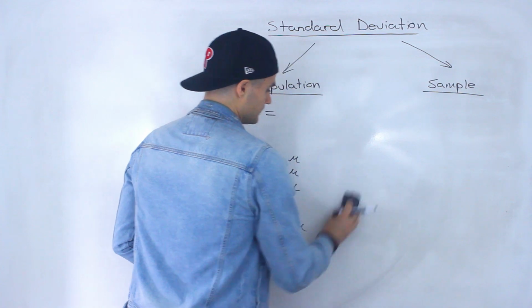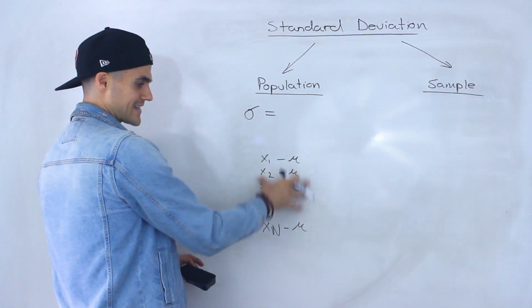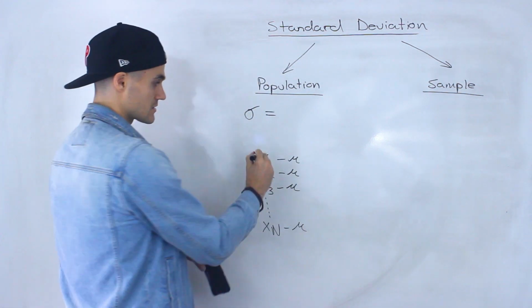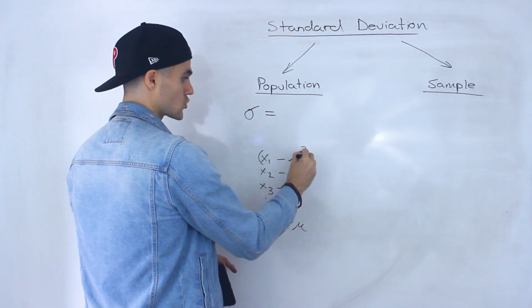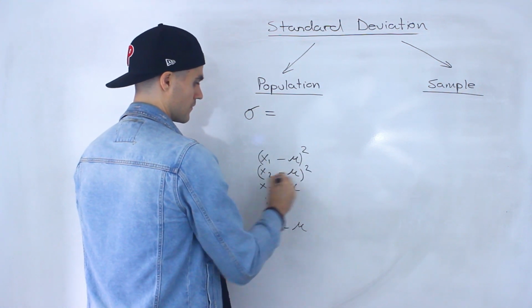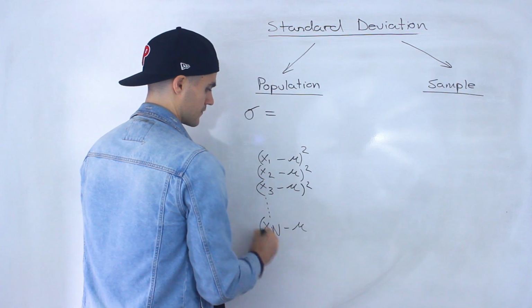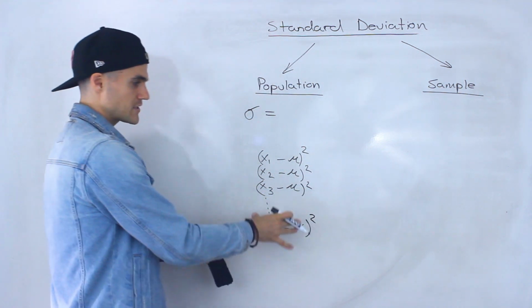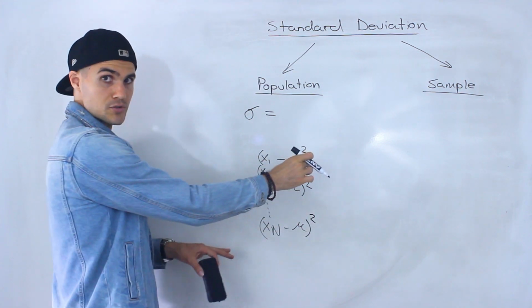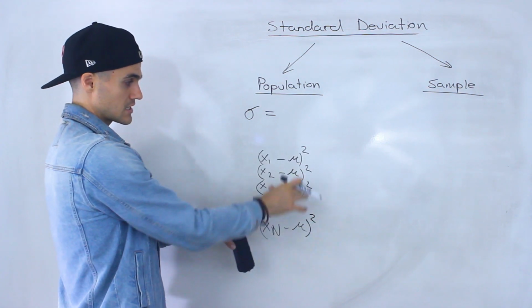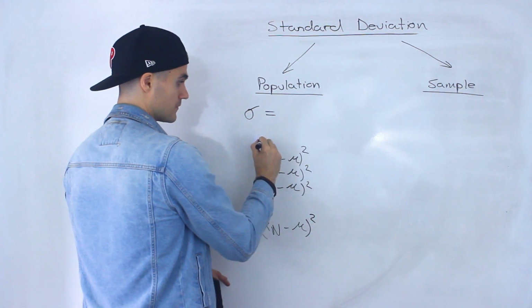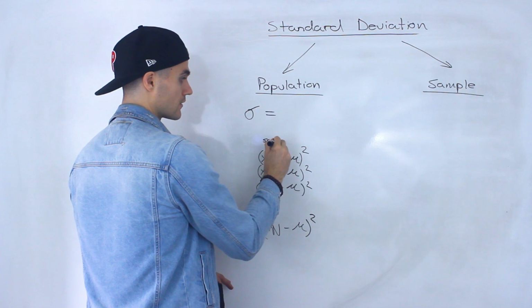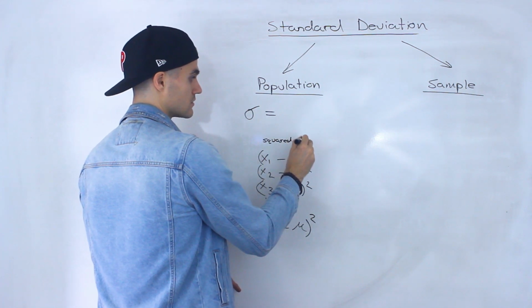And then you're going to take all of those deviations and square them. Without the square, before I wrote this power 2, those were the deviations. After you square them, these are called the squared deviations.